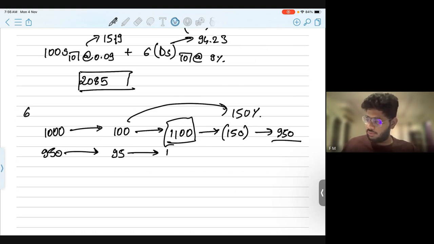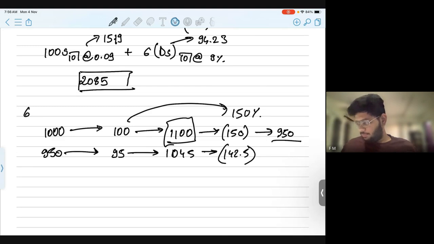You then have 1045 as the loan outstanding. You have 95 into this, 142.5 as the principal repayment, and 902.5.